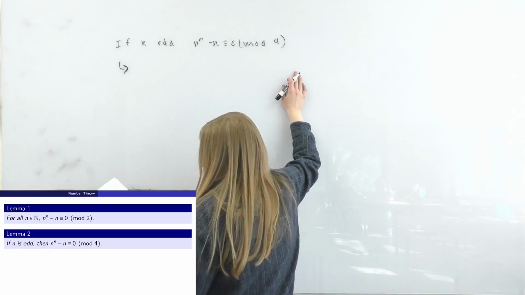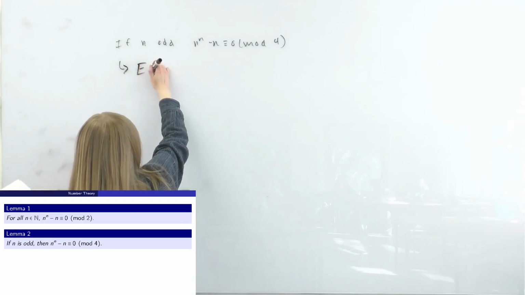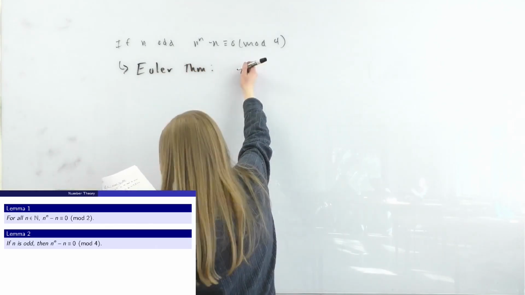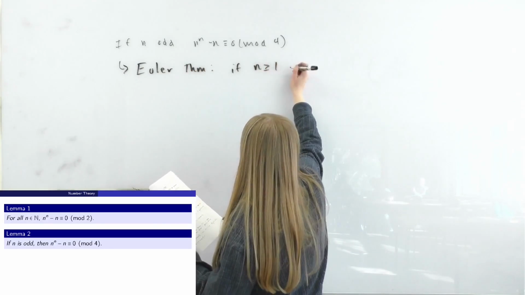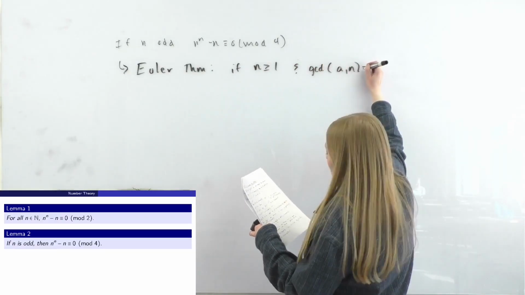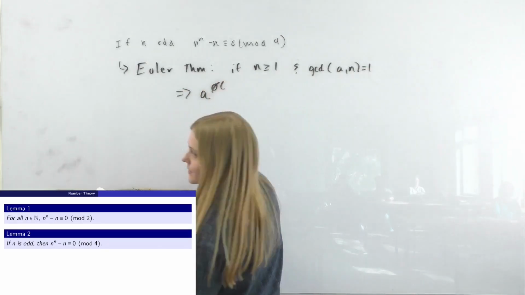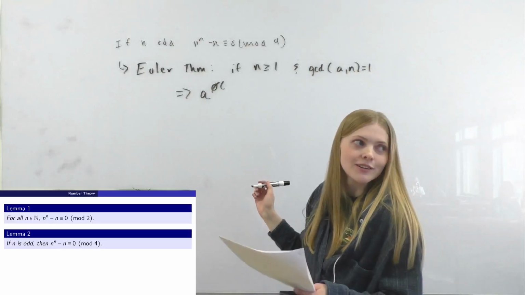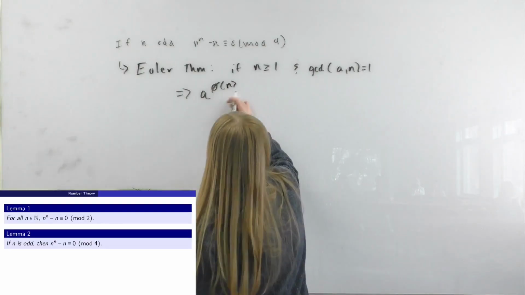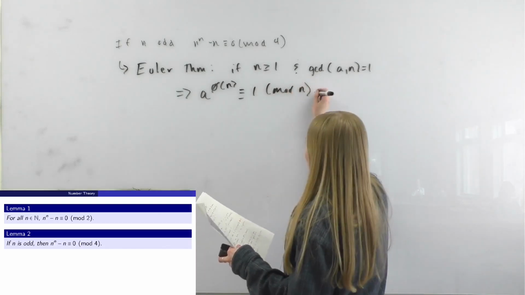This is another sort of introduction. It's very similar to Fermat's little theorem, but it's a stronger result. This is one of Euler's theorems: if n is greater than or equal to 1, and the GCD of a and n is 1, then a to the phi of n is congruent to 1 mod n.